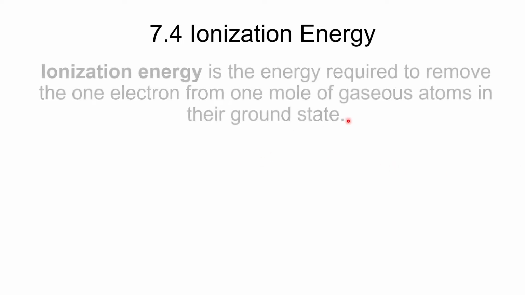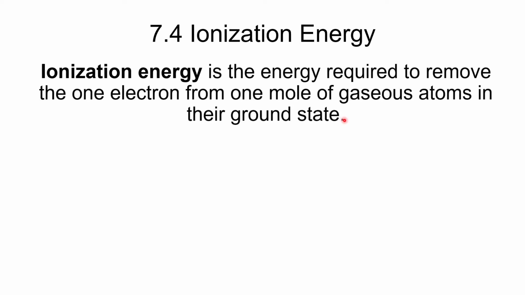All right, we're on to chapter 7, section 4, and we're going to be looking at ionization energy. The ionization energy is the energy required to remove one electron from 1 mole of gaseous atoms in their ground state.